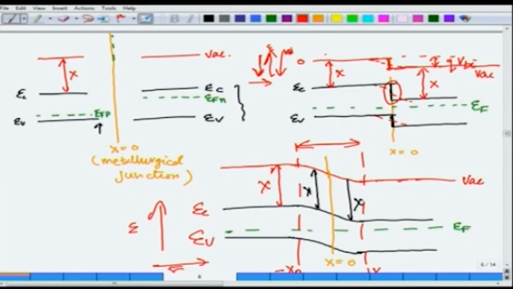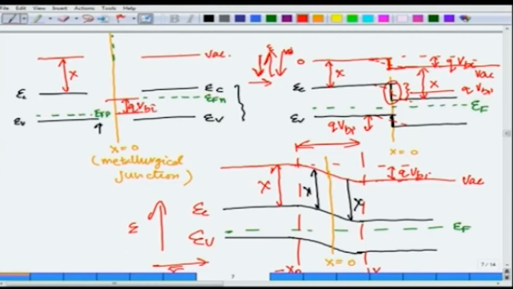The same built-in field I have shown here also, but after all it is the same quantity. This is q times V_bi, and remember this quantity is also q times V_bi.